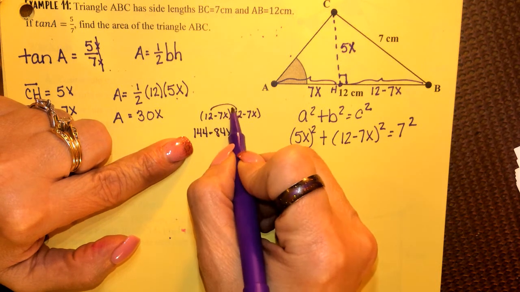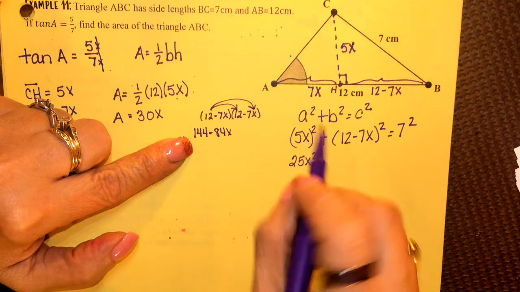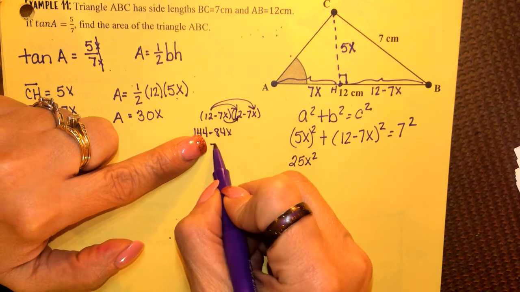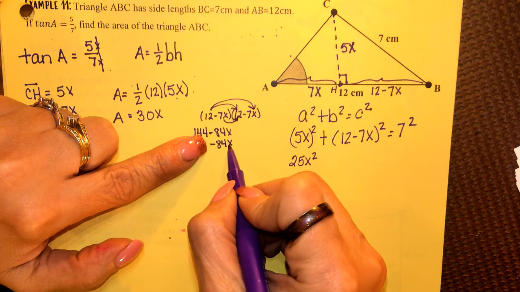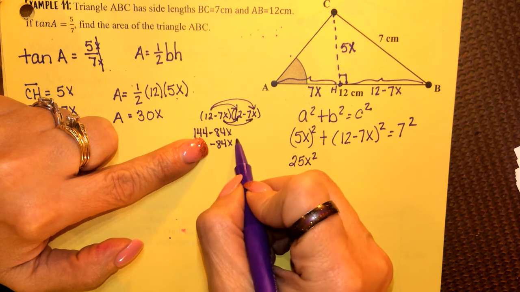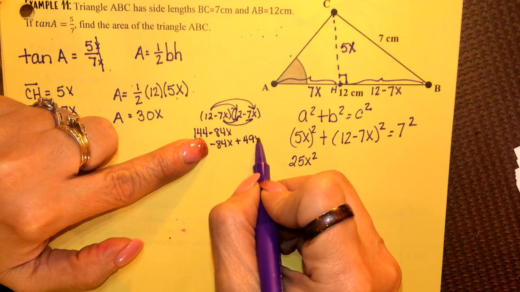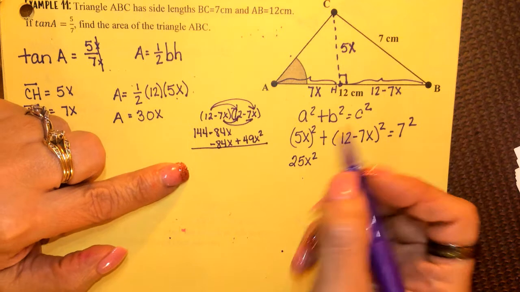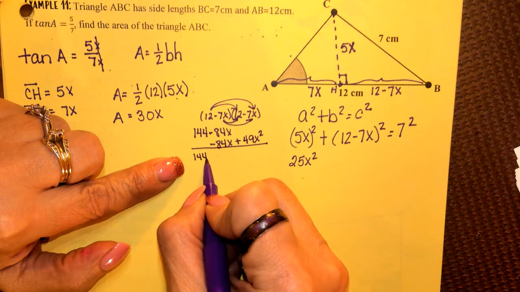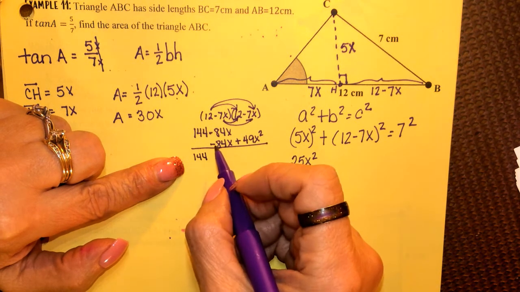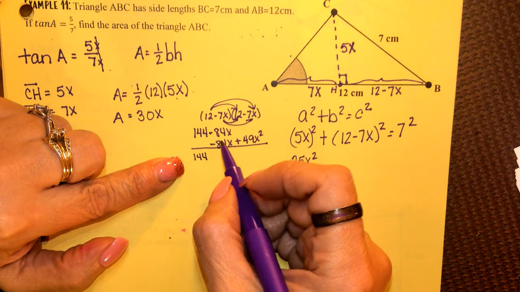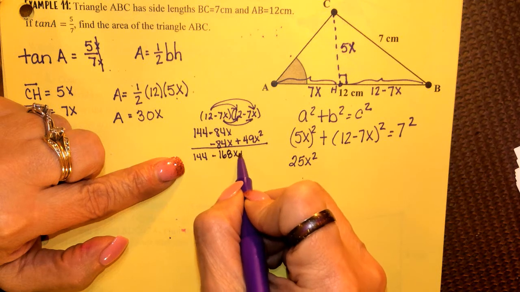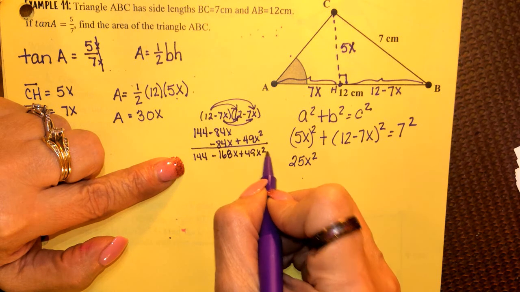Okay, so I multiplied here, and I multiplied here. Now I'm going to go under and do the other one. I have always stacked mine up when I work these. So that's 144 minus 168x plus 49x squared.